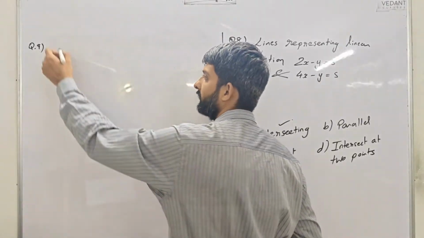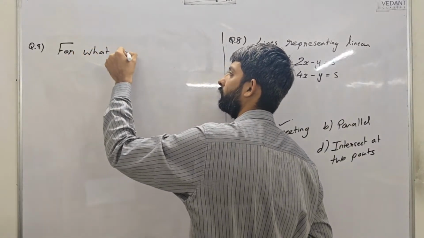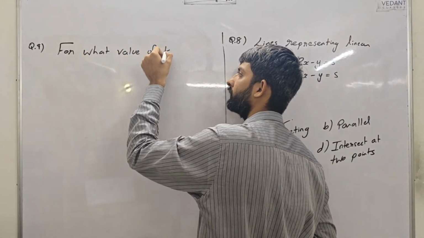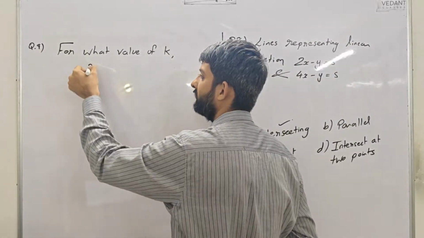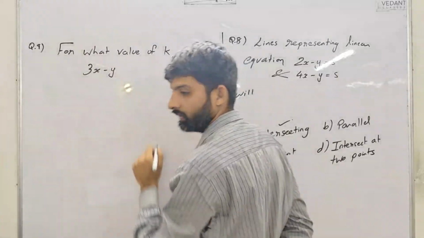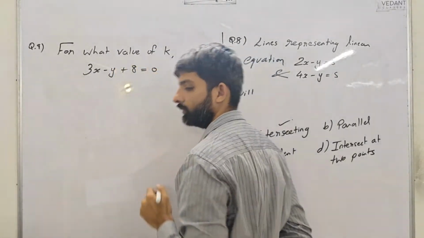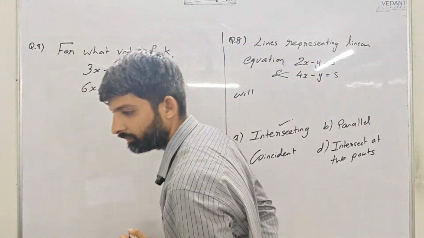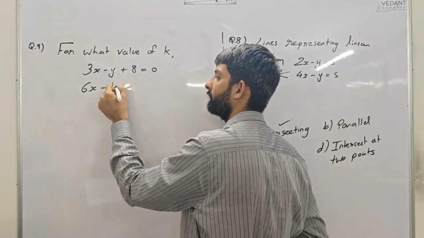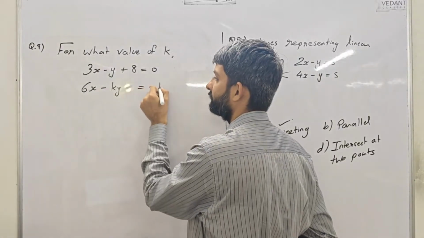For what value of k? Two lines are given, 3x minus y plus 8 equal to 0 and 6x minus ky is equal to minus 16.